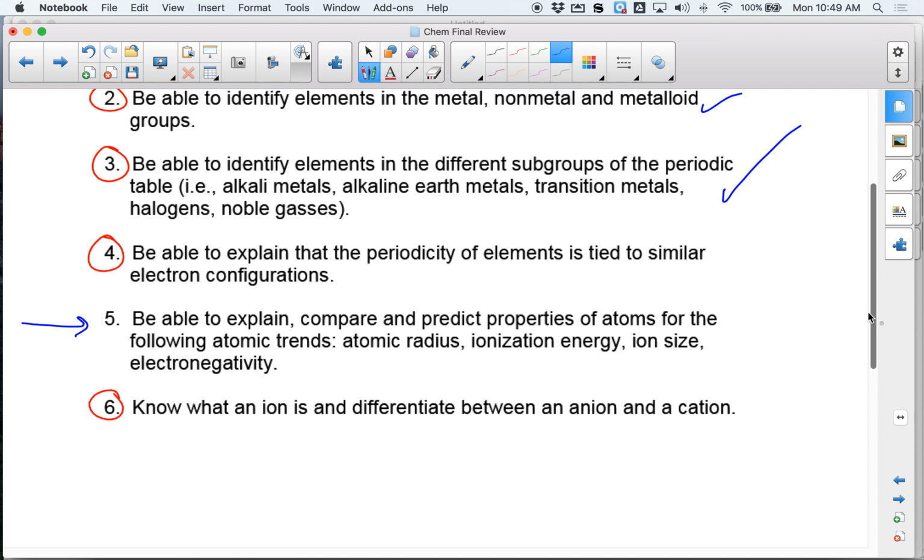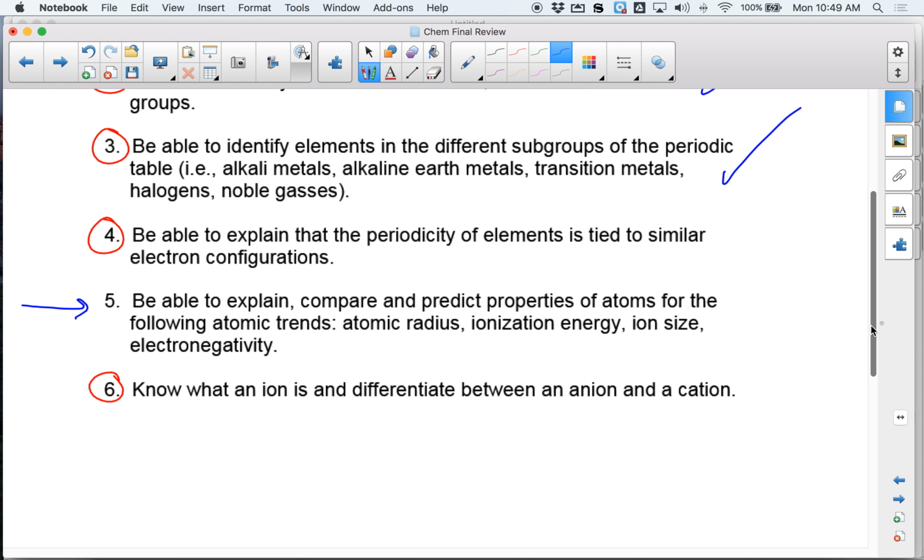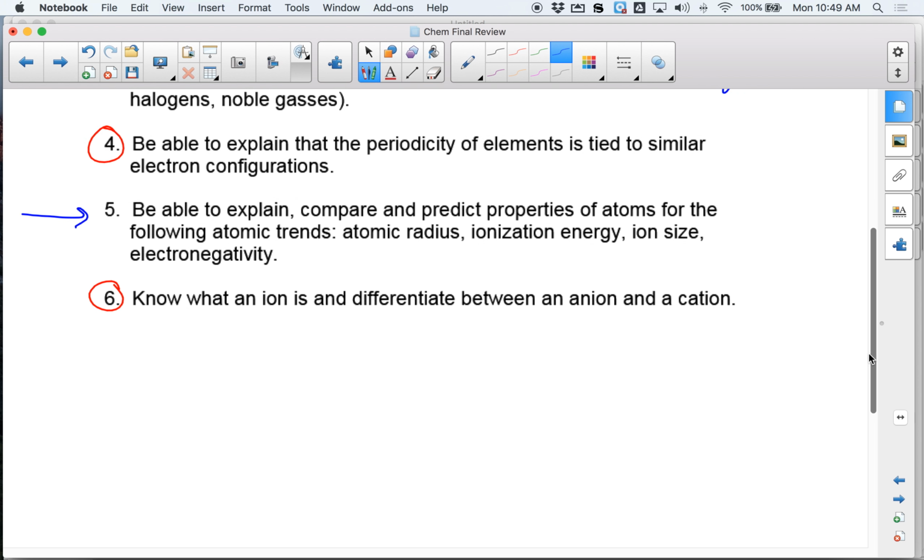All right, number 6 says you should know what an ion is and differentiate between an anion and a cation. What is an ion? A charged atom. So an ion is an atom with a charge.